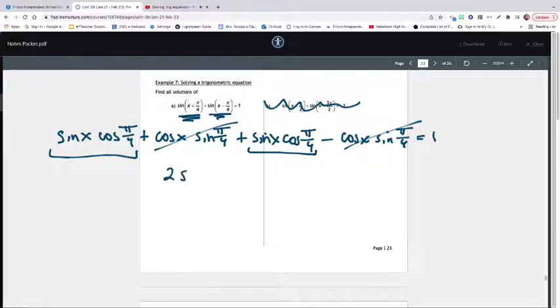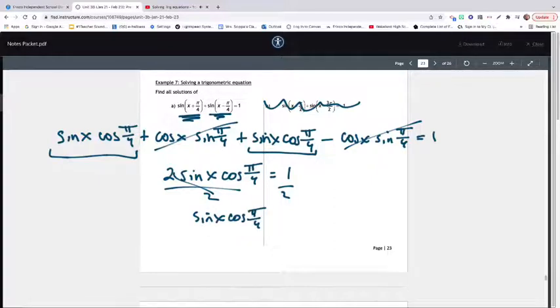So I'm going to combine that to be 2 sine x cosine pi over 4 equals 1. I could go ahead and divide by 2. Oh, sorry. So that gives me sine x cosine pi over 4 equals 1/2. Okay, now I'm going to change cosine of pi over 4 to be what it is, which is square root of 2 over 2.